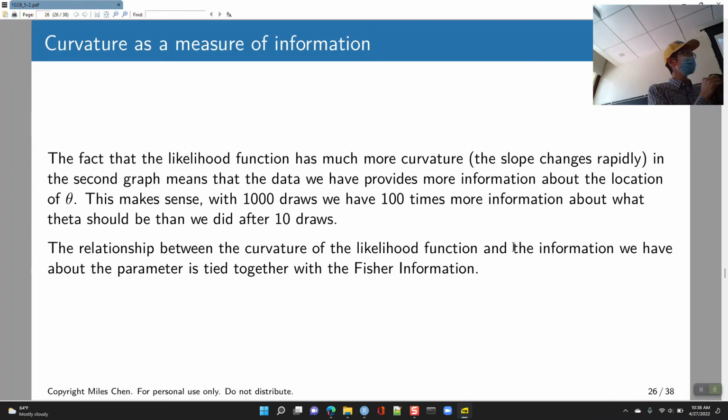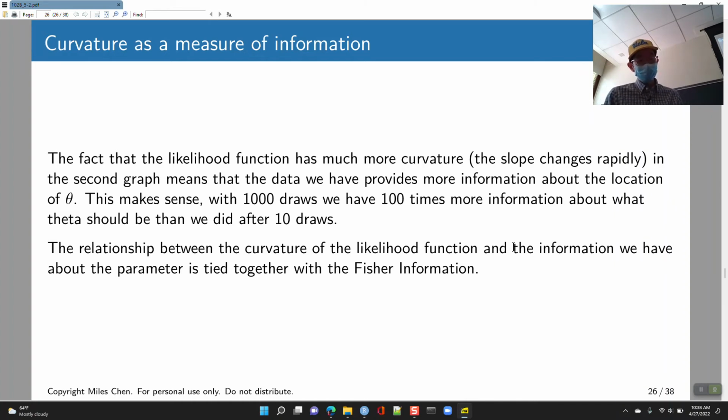So basically, if I said, where do you think the value of theta is, with 1,000 observations, we have basically 100 times more information as we did when we just had 10 observations. And that actually makes sense, right? So we have a lot more information about the location of theta.